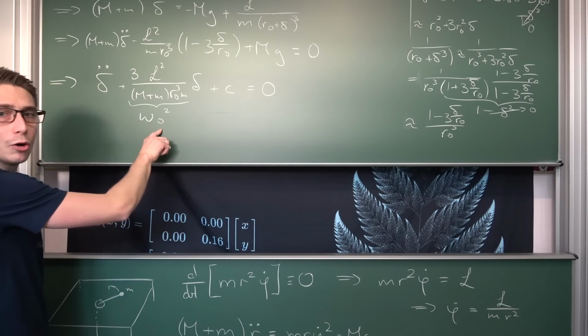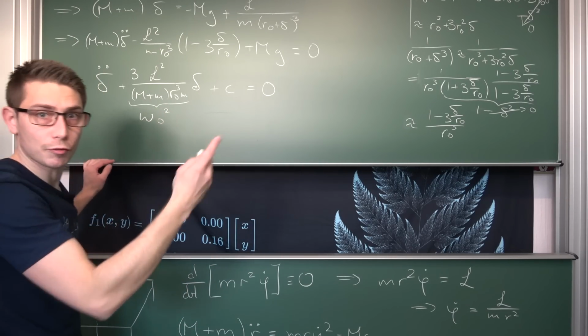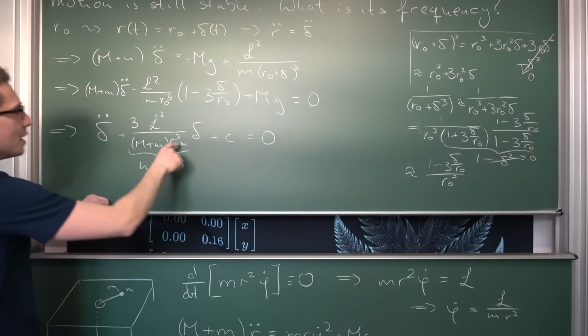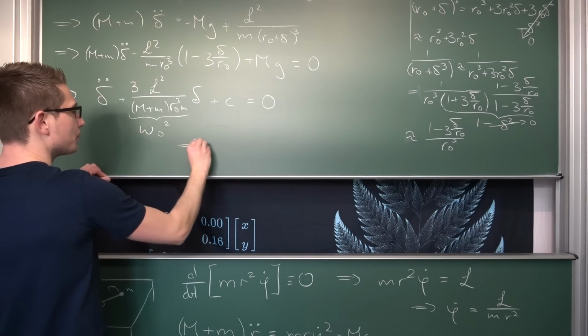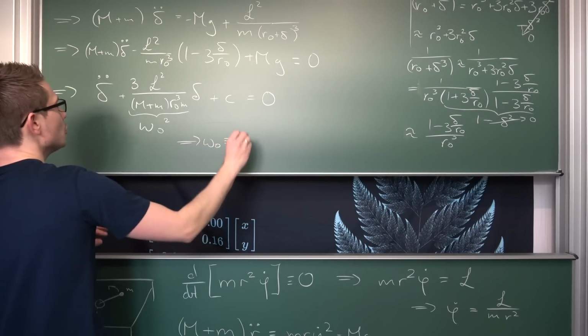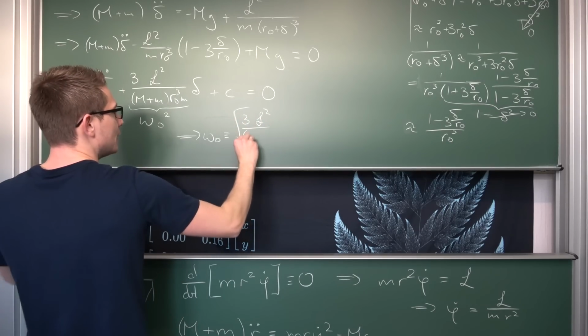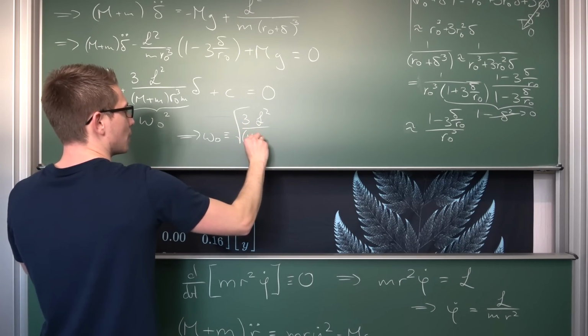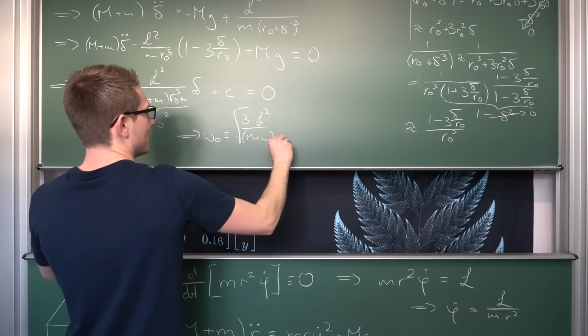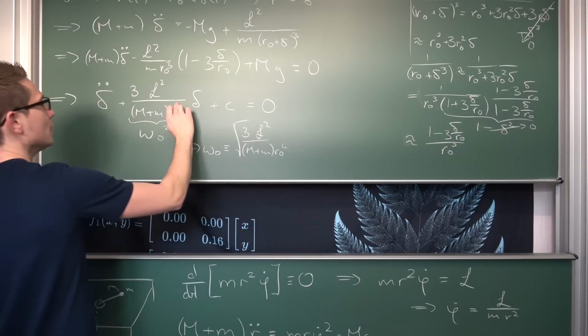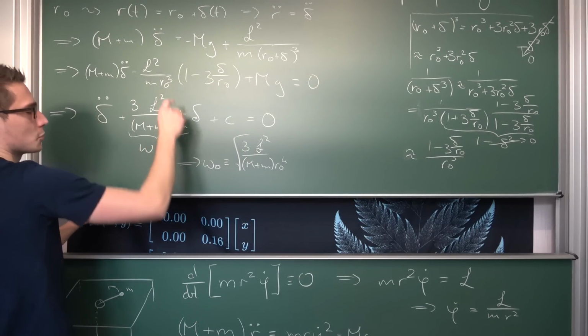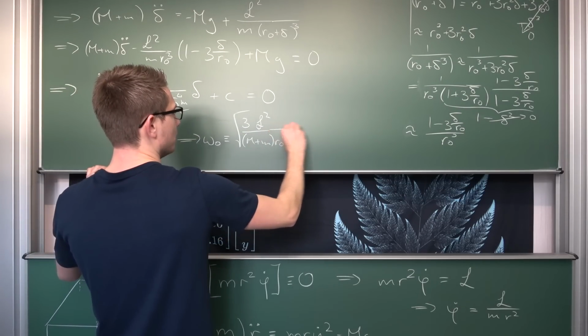Meaning overall we know that omega naught squared, the frequency that we still need to find out, is nothing but this. Meaning overall our omega naught is going to turn into the square root of 3 L squared divided by m plus m times R naught to the fourth power. We are going to get a fourth power term right here because of this R naught times m.